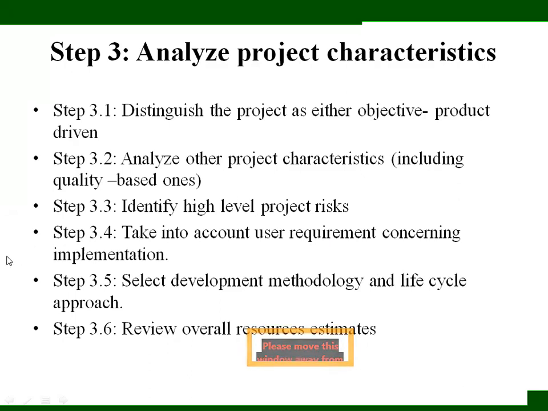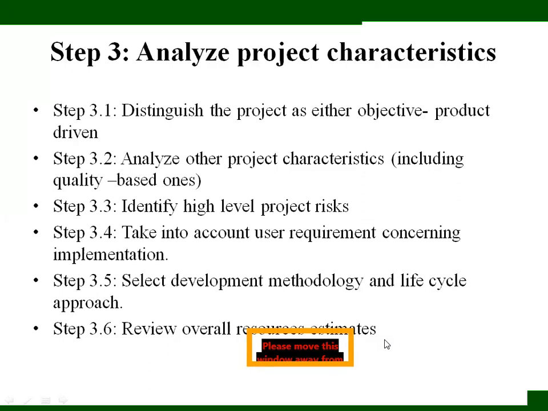Next, last one, review overall resource estimates. Review overall resource estimates means, does all this increase the cost? How are these resources working? We have to take action to increase or decrease the resources.